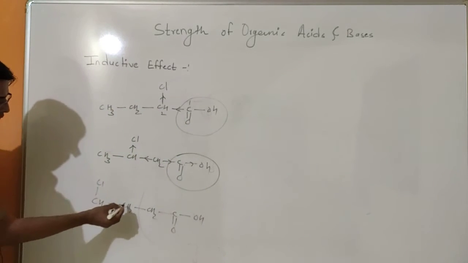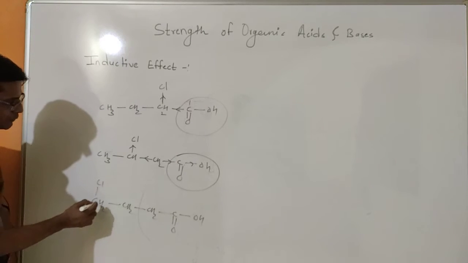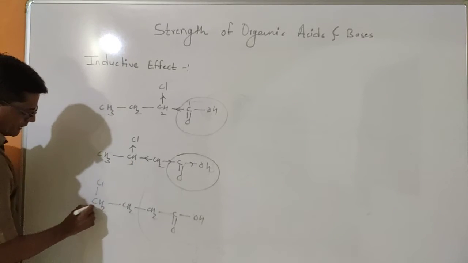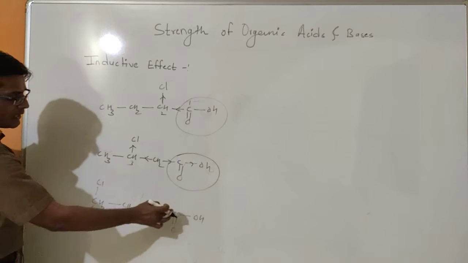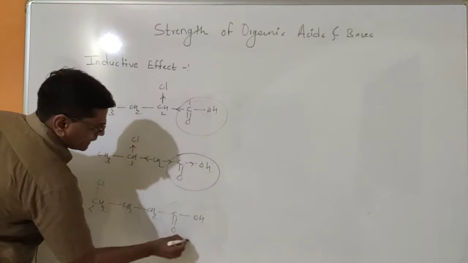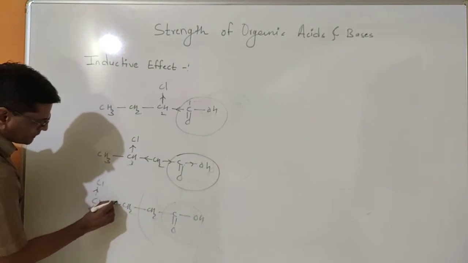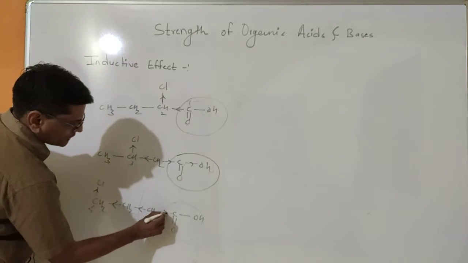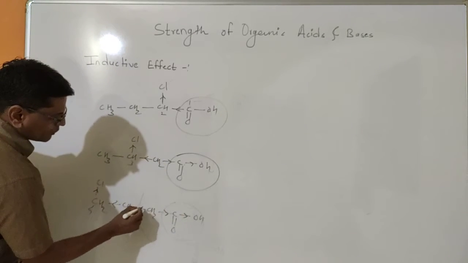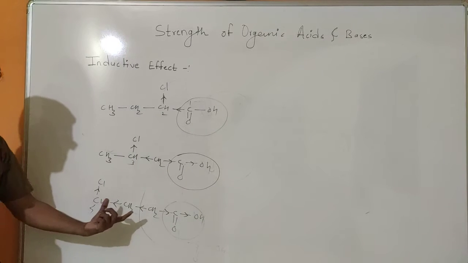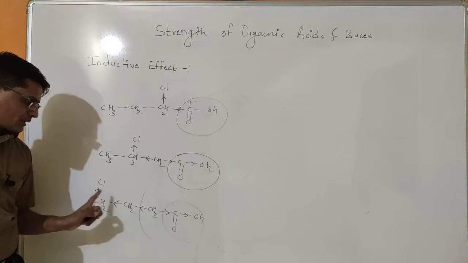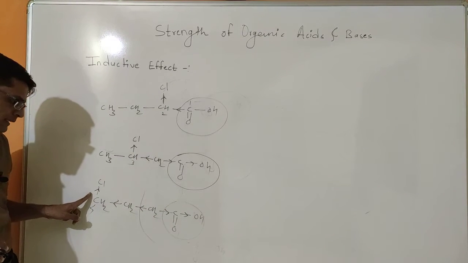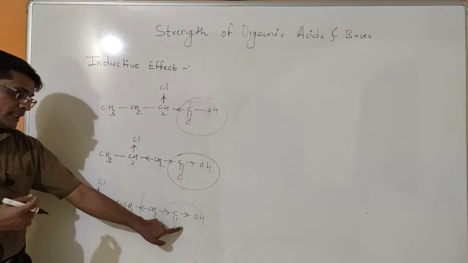And further, if we shift chlorine to the fourth position, then the chlorine is far away from this carboxyl center, so its effect goes from this position to this position to this position, and then the electron goes towards this side. So this being far away from the carboxyl center, its effect at the carboxyl center is negligible.